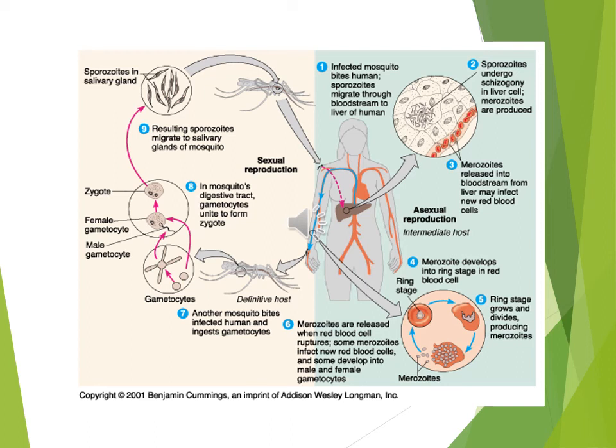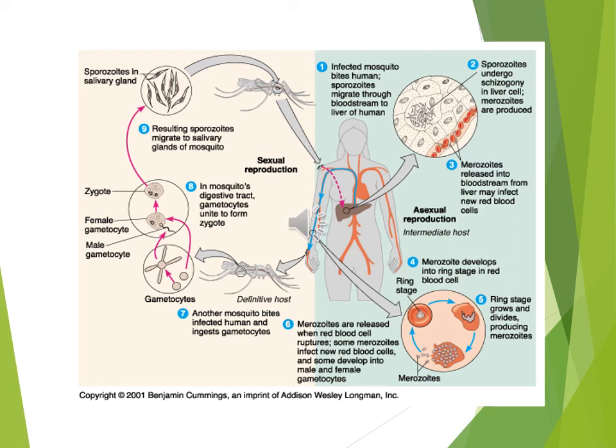The first step is, when this infected mosquito bites the human, the sporozoites present inside the mosquito enter through the bloodstream to the liver of the human. So the bloodstream contains sporozoites which were transferred by the mosquito.